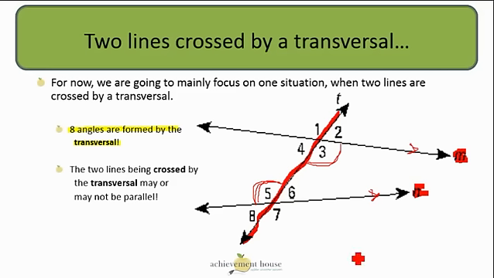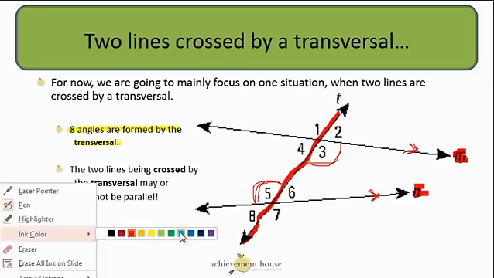And the converse of the alternate interior angle theorem is also true, meaning that we can prove that line M and line N are in fact parallel by proving that angle 5 and angle 3 are congruent. So it's just as true to say that if angle 5 and angle 3 are congruent, because of the converse of the alternate interior angle theorem, then lines M and N must be parallel.